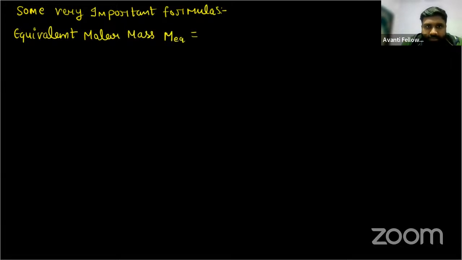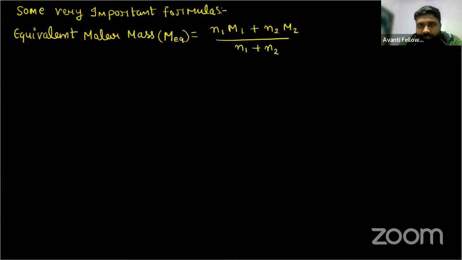M equivalent: if a mixture of two gases is given to you, then the equivalent molar mass of that mixture is given by (N1M1 + N2M2) divided by (N1 + N2). Here N1 is the number of moles of one gas, and N2 is the number of moles of another gas.